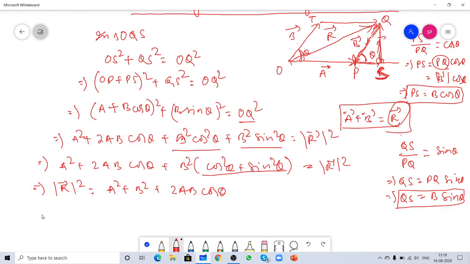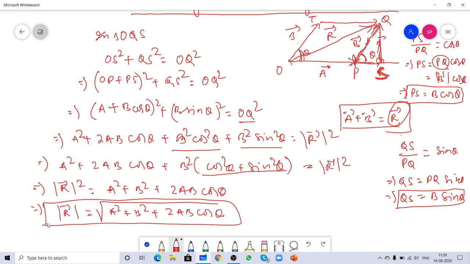Or I'll write that R magnitude, the resultant magnitude of two vectors when they act simultaneously making an angle theta with each other, will be the square root of A square plus B square, the magnitudes of the two vectors squared, plus 2AB cos theta. Okay, so this is the result, and this is also called the law of cosine, because cos is involved here.